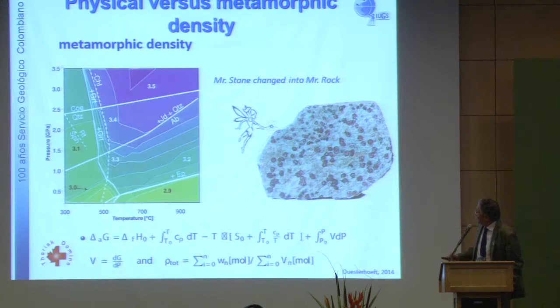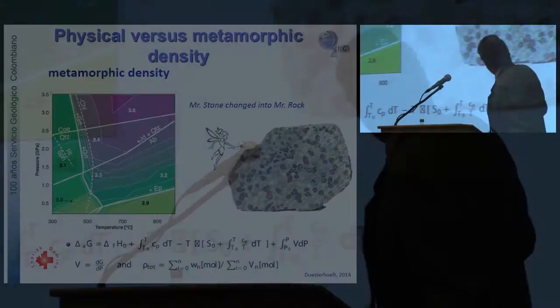Now, as I said, you can calculate in each and every point of such a grid the composition, not only the stable paragenesis, but also the mode of the stable paragenesis. And if you use the mode and do some more expansion, then you really can get to a density diagram for a rock.